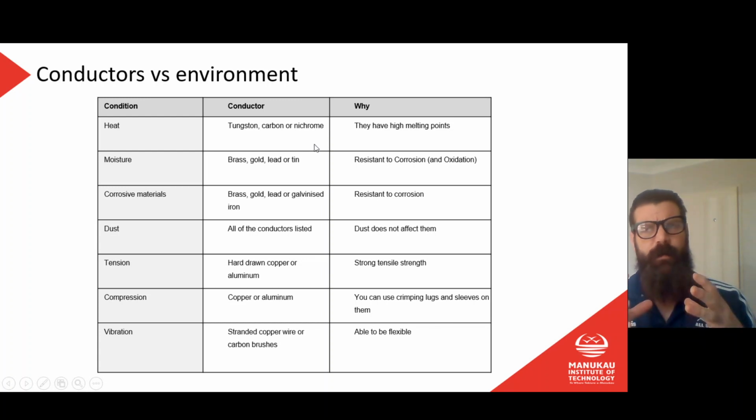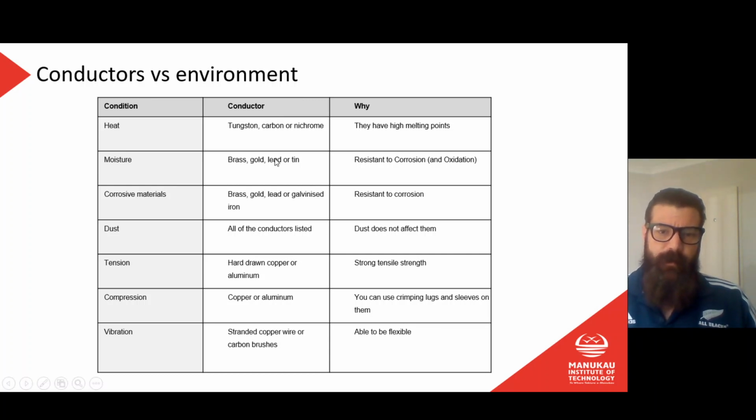And we're talking about not so much environmental heat, but heat caused by the current flow. If there's moisture present, gold, brass, lead, or tin, because they all have very high resistance to corrosion. Corrosive materials, so acids or chemicals, we use brass, gold, lead, or galvanized iron. It's all very resistant to corrosion.